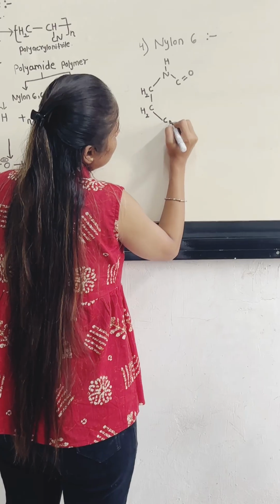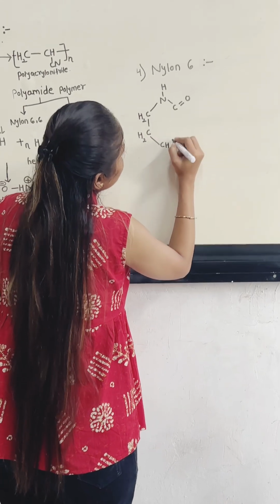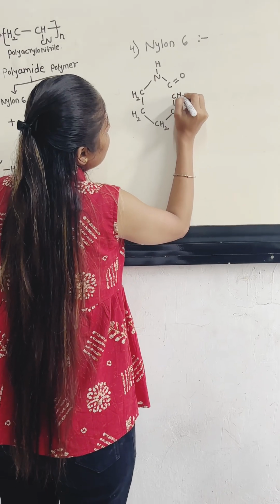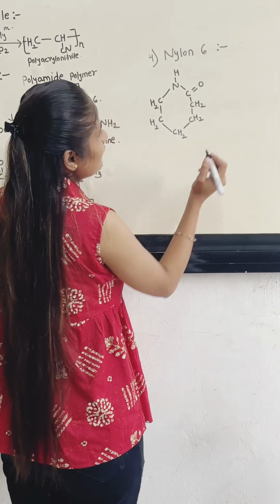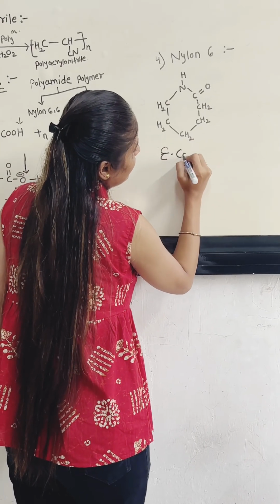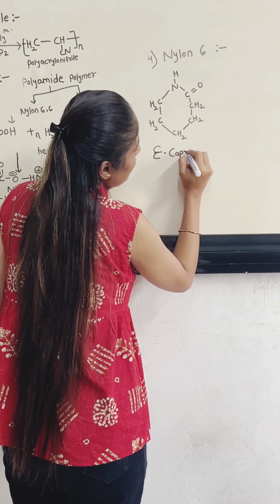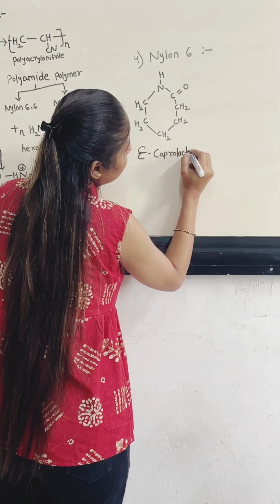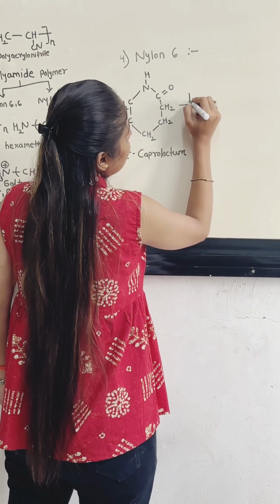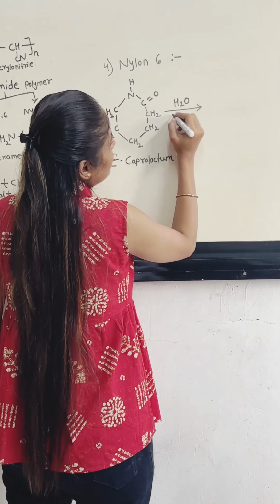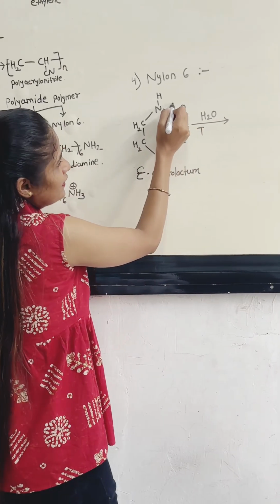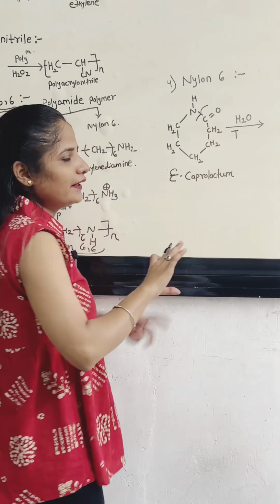CH2, CH2, CH2, CH2. Okay. So this is the epsilon caprolactam. Okay. So when it is treated with water at a higher temperature, the bond breaks here and the ring gets opened.